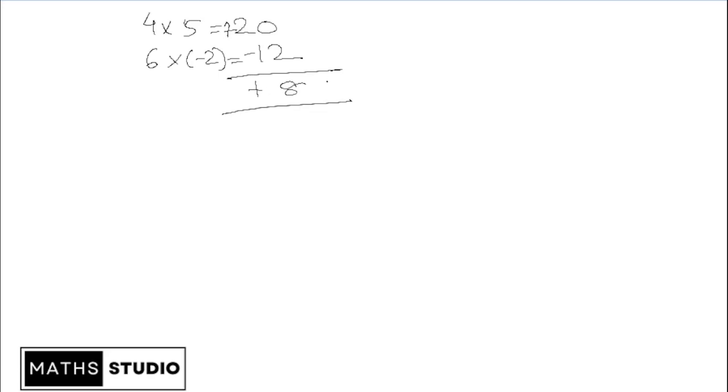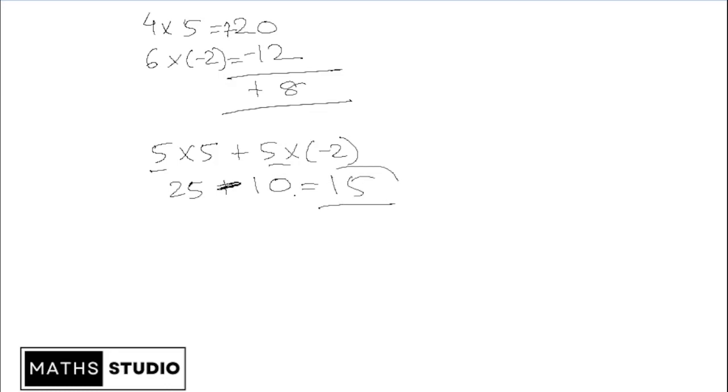Now Reshma gives 5 correct answers. So 5 correct answers into 5 marks, and then 5 incorrect. So plus 5 into minus 2. We can use the distributive law also over here, or we can go for normal multiplication. Overall it becomes 25 minus 10, that becomes 15.